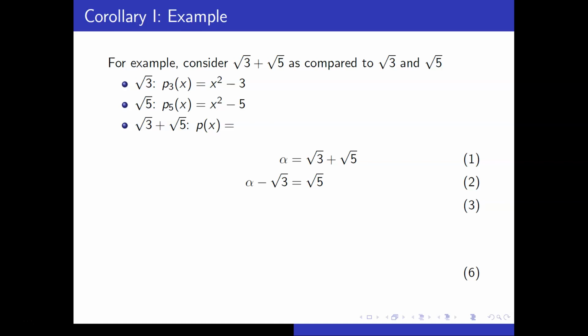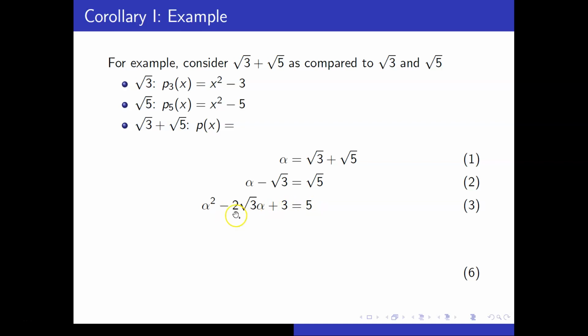It really doesn't matter which one. I'm going to square that out, which gets me this. Now this is an improvement. This equation had 2 radicals in it. This equation only has 1. Keep in mind, I'm wanting something with rational coefficients, so I have to somehow eliminate all radicals.